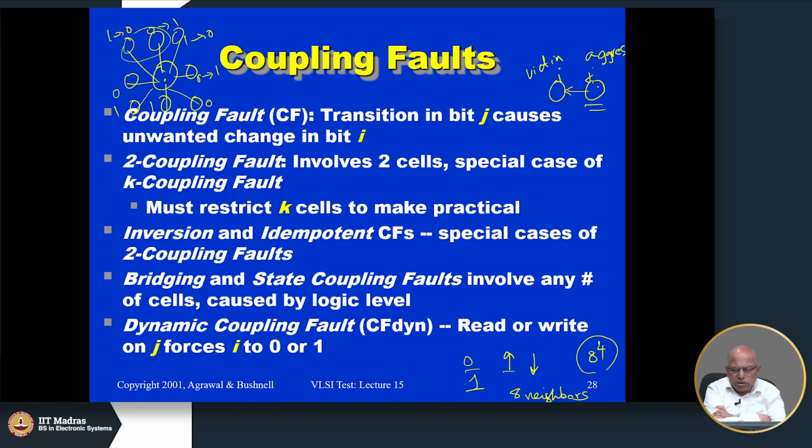A two coupling fault is when we look at only 2 cells at a time. Maybe we look at 2 neighboring cells only. We are willing to look at these as neighbors, but we are not looking at all of these patterns.